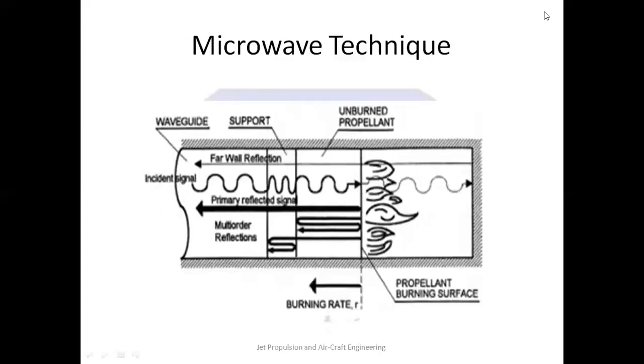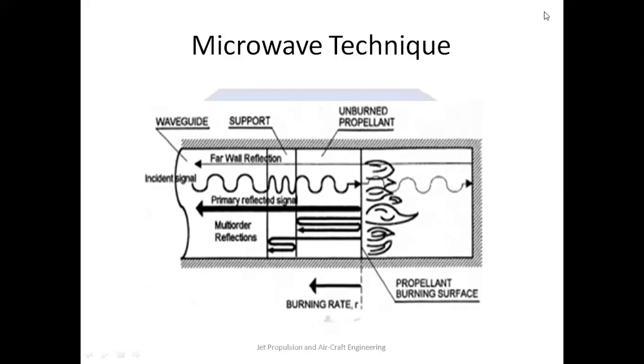Then the next one is the microwave technique. The microwave technique is based on microwave reflection interferometry. In this method, a propellant sample having a length of 8 to 9 mm and a diameter of 8 mm is bonded in a circular tube that is shown in the figure.